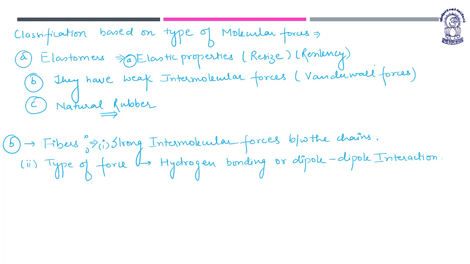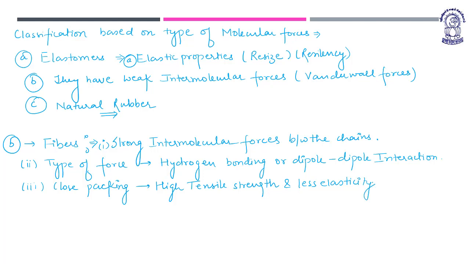Fibers have close packing of the chains, meaning close packing of the molecules. Because of close packing, they have high tensile strength and less elasticity. Their melting points are very sharp because of high tensile strength.